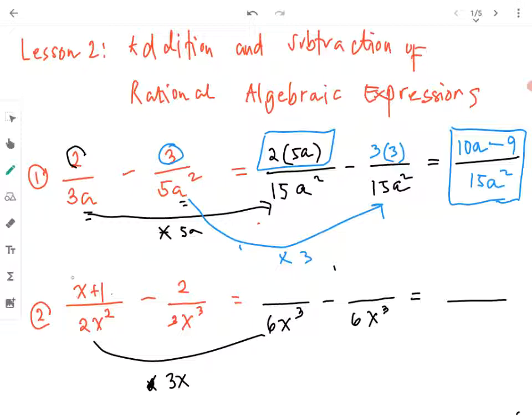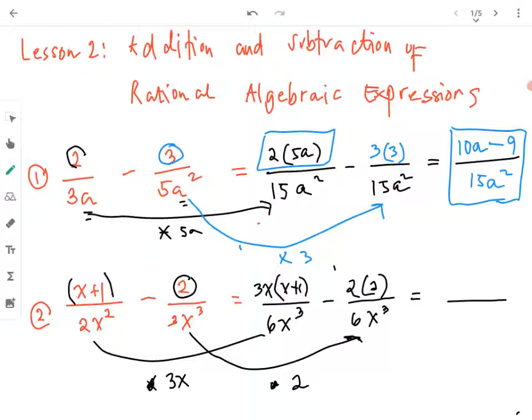Meaning we will also multiply this by 3x. So we say 3x times x plus 1. From 3x cubed to 6x cubed, it's like it's being multiplied by 2. We will also multiply this by 2.